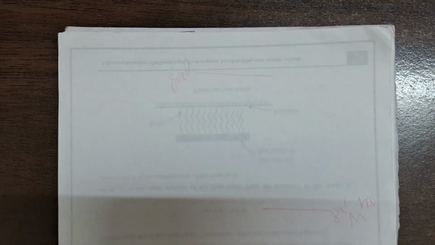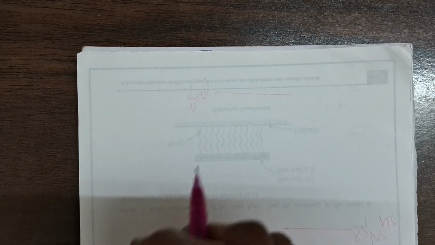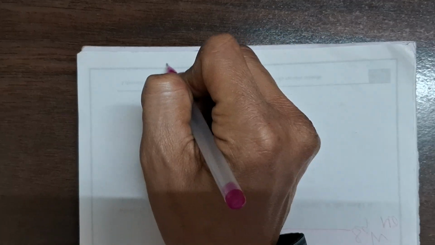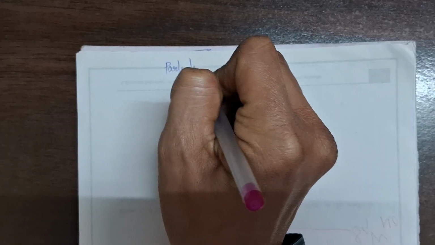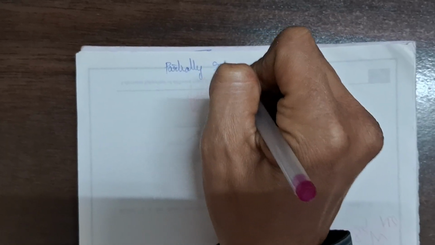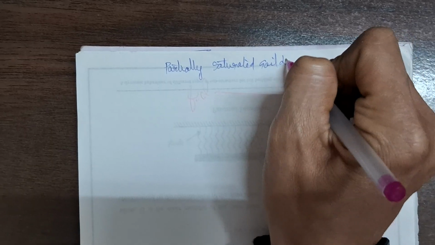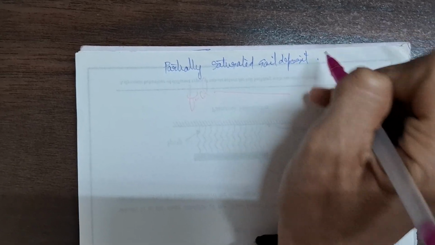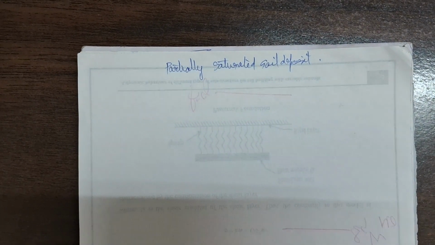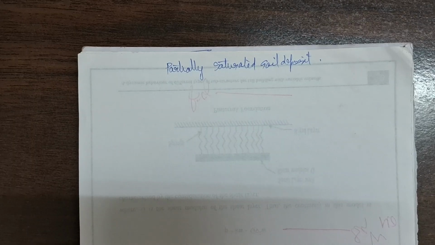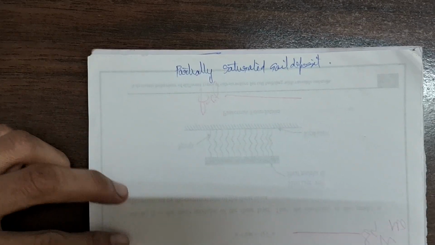So let us write whatever they have given. They have given us partially saturated soil deposit, and we all know that is three-phase diagram.